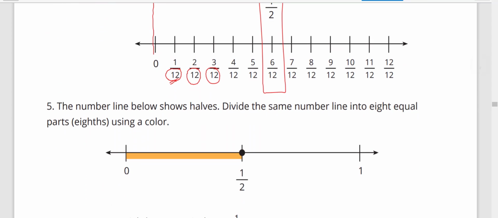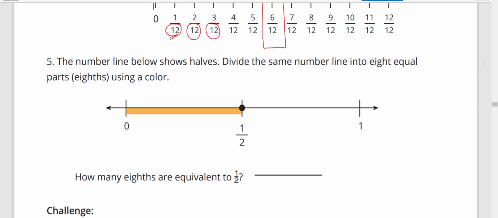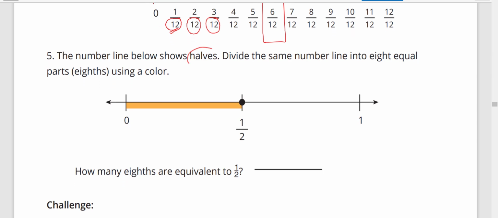The next one, the number line below shows halves. Divide the same number line into eighths, or 8 equal parts, using a color. So we divide the number line into 8 parts. We divided it at first into halves. Then each half is divided into half.